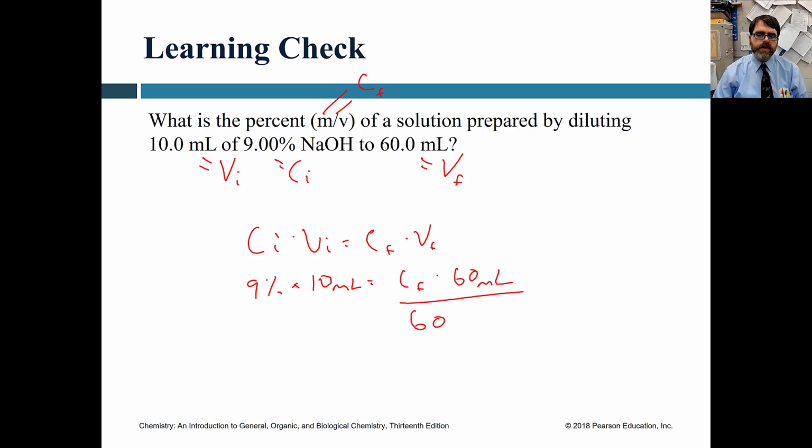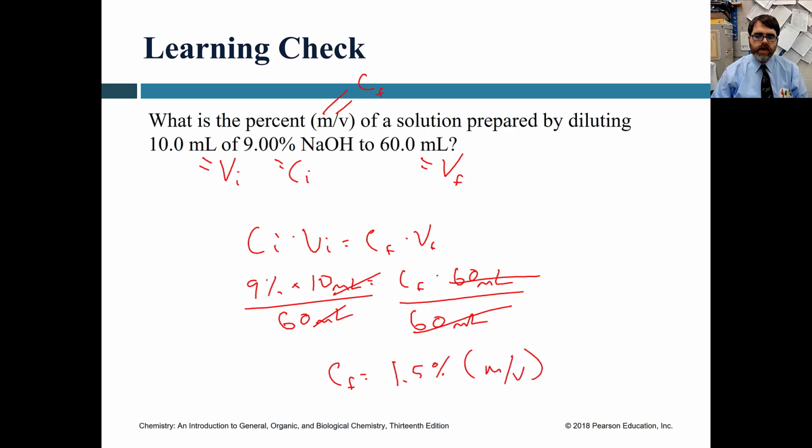Divide both sides by 60 milliliters. And we end up with the concentration final equaling 1.5% mass volume NaOH solution.